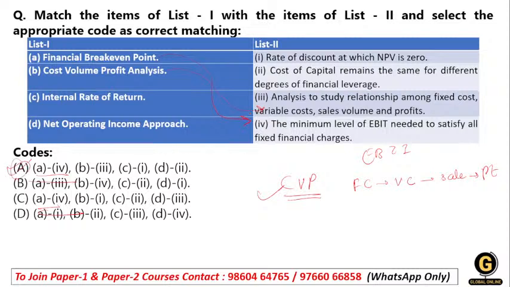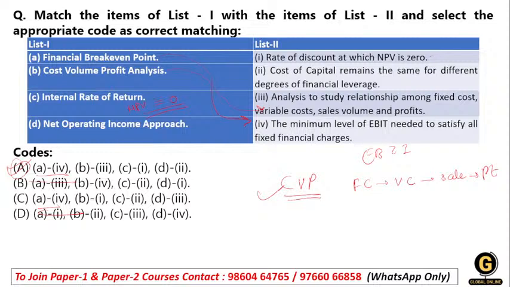Then internal rate of return. This is the rate of discount at which your NPV is 0. IRR is the point at which your NPV equals 0. Then the net operating income approach says your cost of capital remains the same for different degrees of financial leverage.